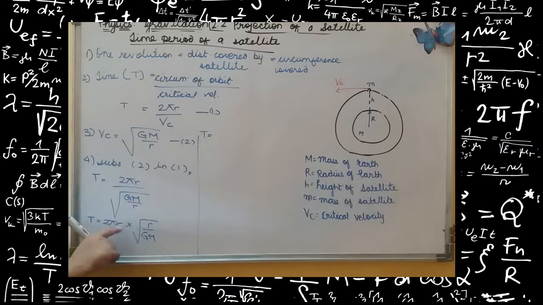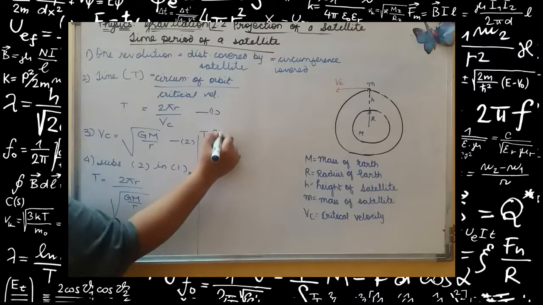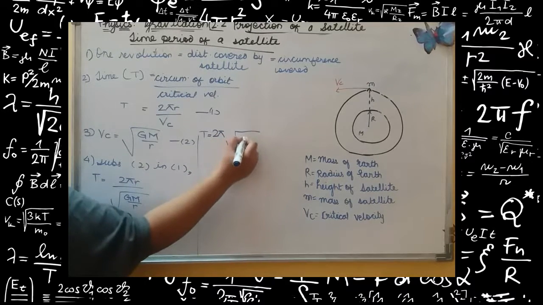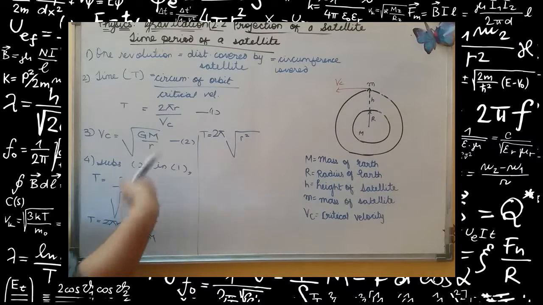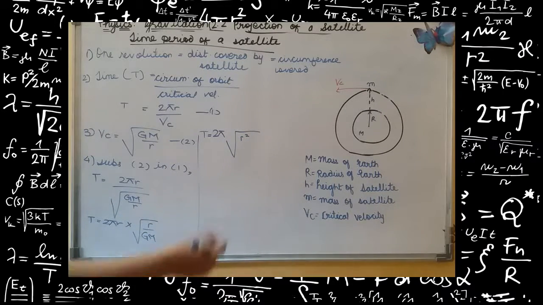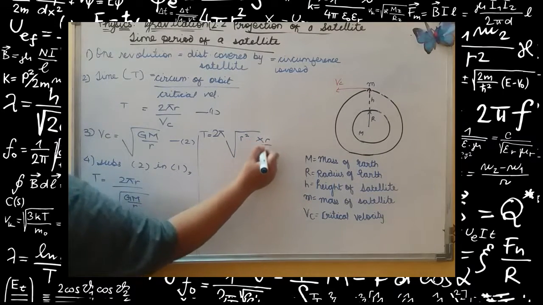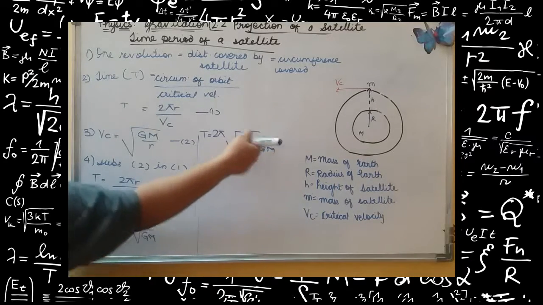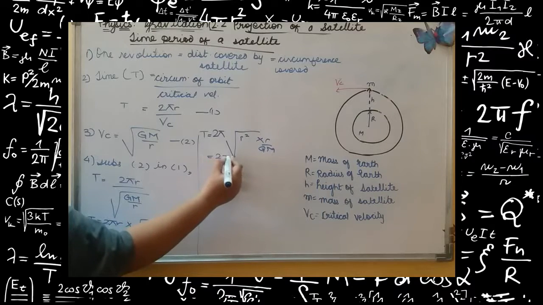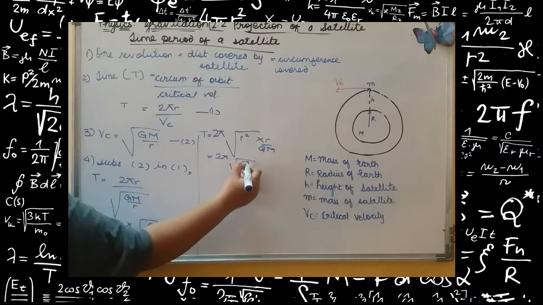When I remove it outside, it becomes 1 r. So it would be T is equal to 2 pi under root of r square. This r gets transferred inside into r upon GM. r square and r, 2 plus 1, it would become r cube upon GM.